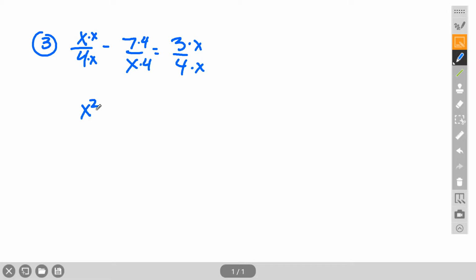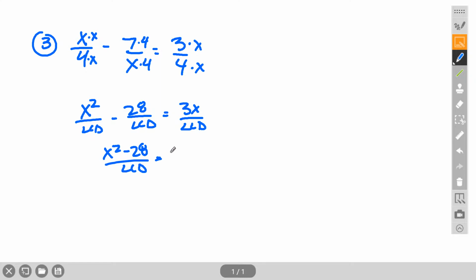That would give us x squared over the LCD minus 28 over the LCD equals 3x over the LCD. And we can just combine these into 1. X squared minus 28 over the LCD equals 3x over the LCD. And then we can just ignore the LCD. We have x squared minus 28 equals 3x.